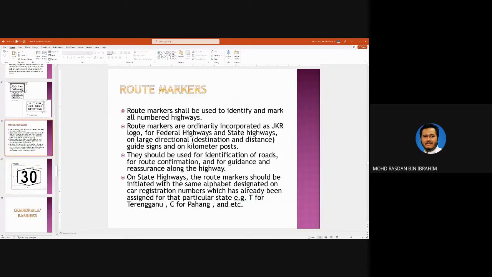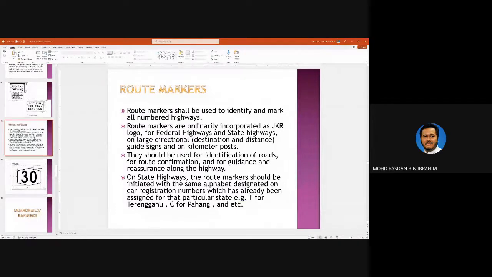route number. So route markers are ordinarily incorporated with the JKR logo, Federal Highway and State Highway on large directional guide signs and kilometer posts. They should be used for identification of roads, route confirmations, and so on.